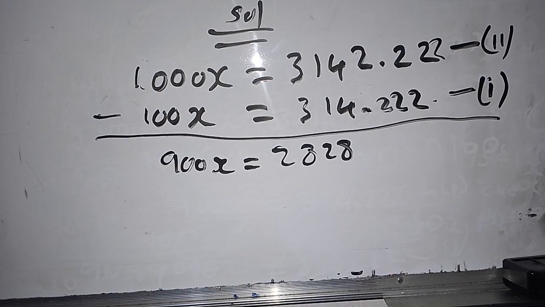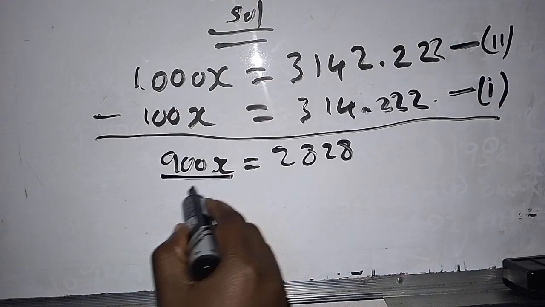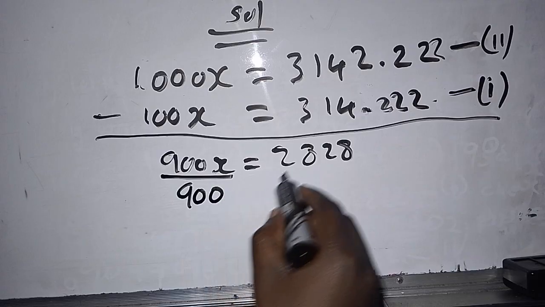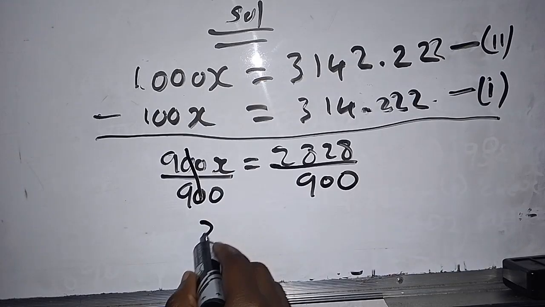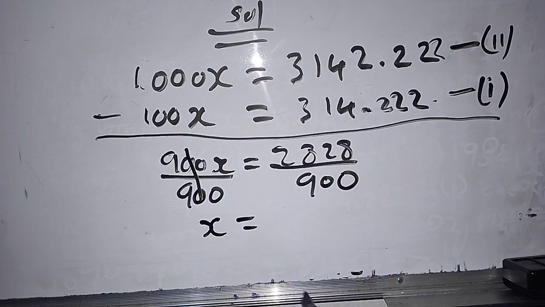Now the idea is to find the value of x. To find the value of x, we divide both sides of the equation by 900, then we cancel. Therefore x equals 2828 over 900.